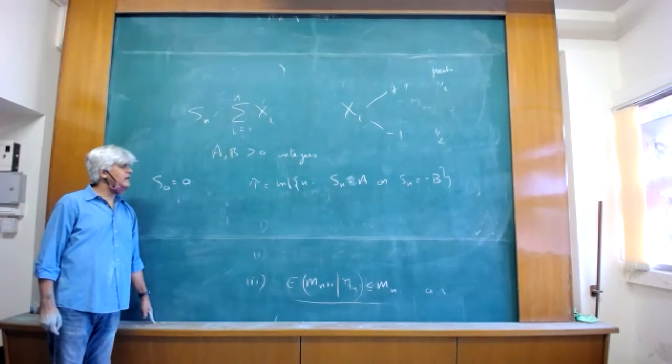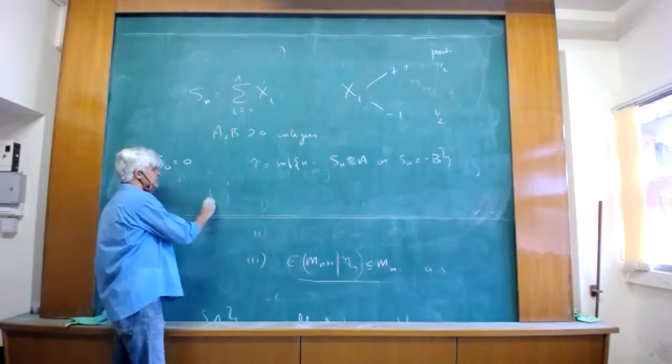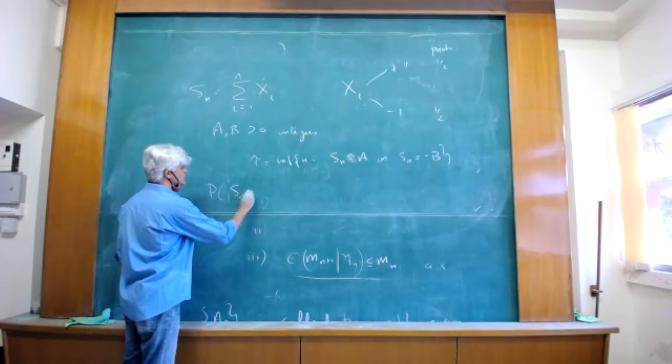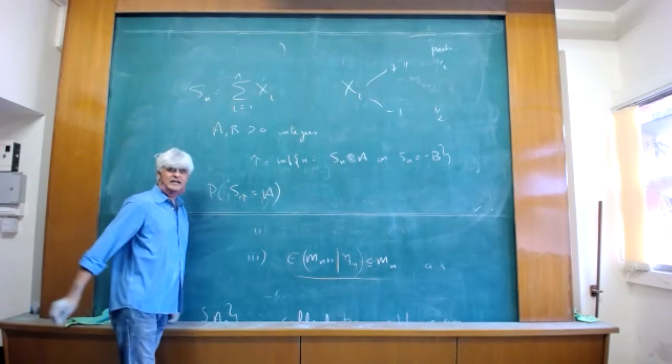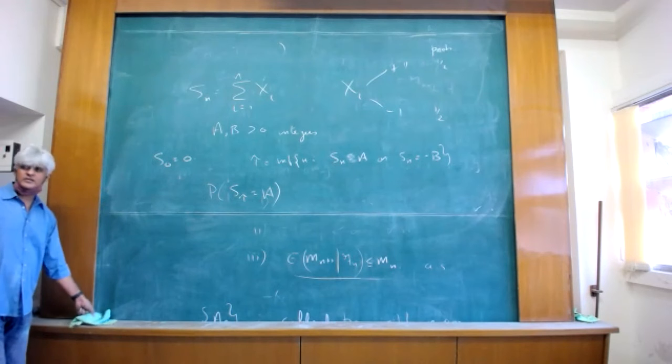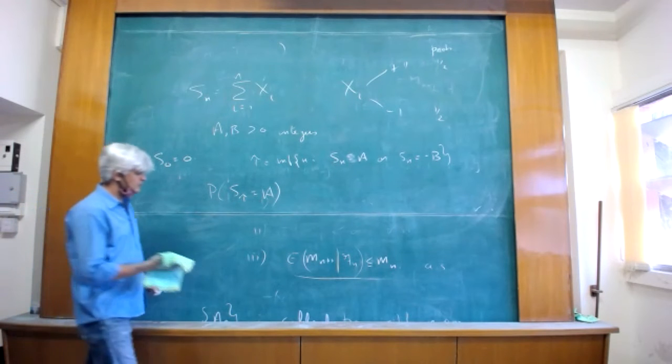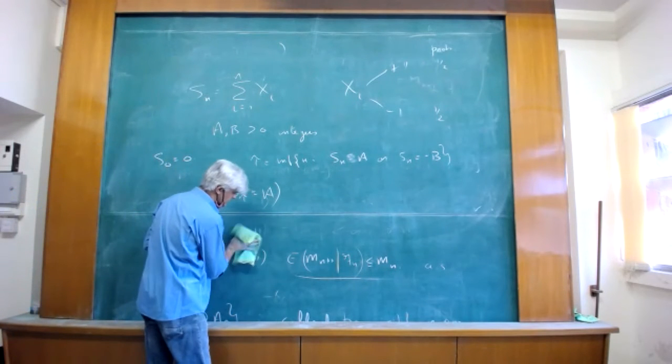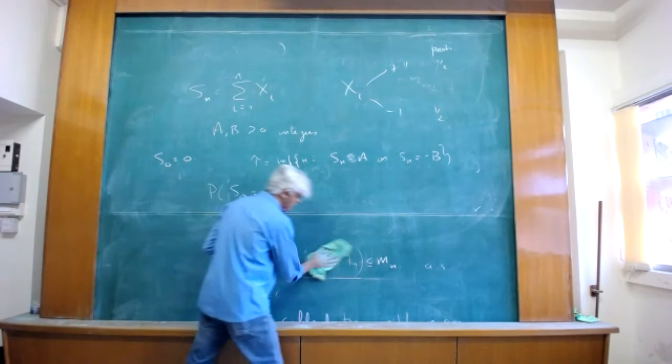Now I want to find the probability that S of tau is equal to A. We started the course with this in the Brownian motion setting. What's the guess for this? B upon A plus B, right? Now I ask you to prove it.